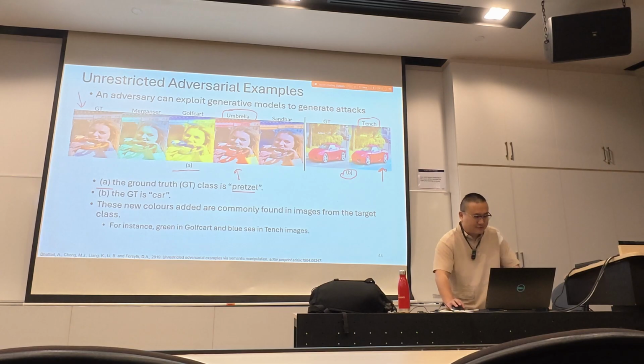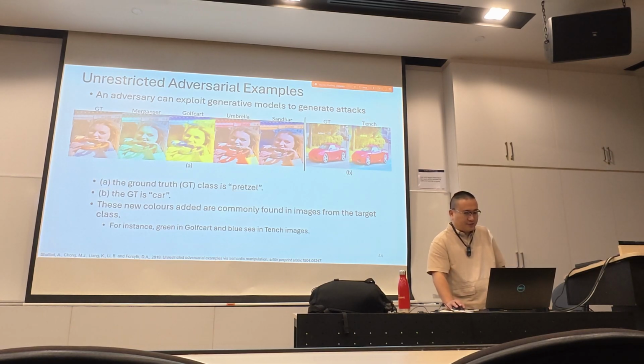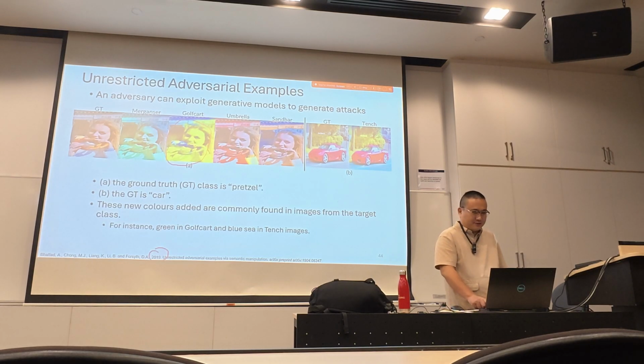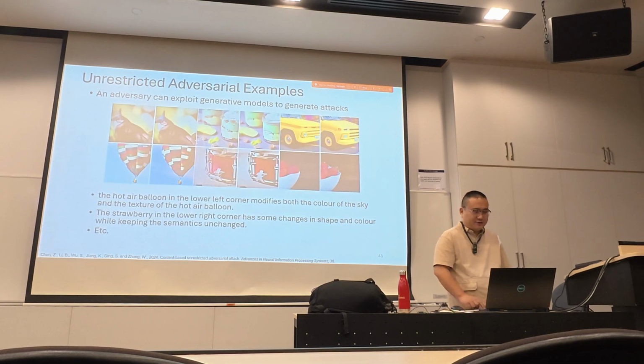However, for such images, you can see that the generated results are very strange. But this is because this was from an early work that is like 7 years ago. Now, the generative models have improved a lot in recent years.